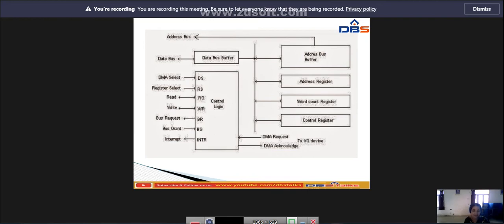This is the address register. The address register is incremented after each word that is transferred to the memory.